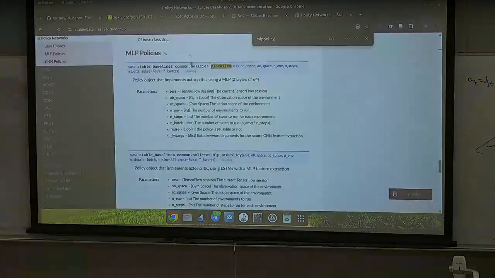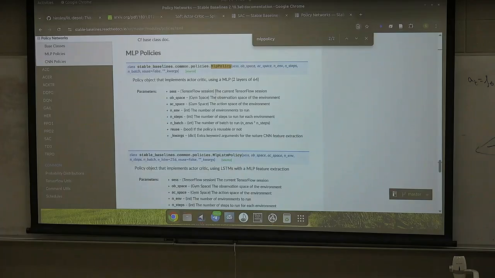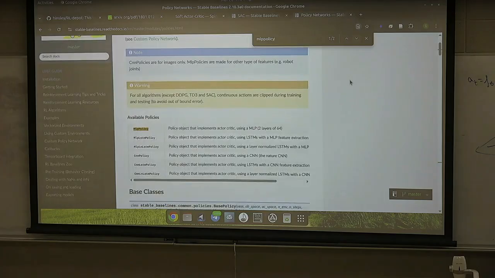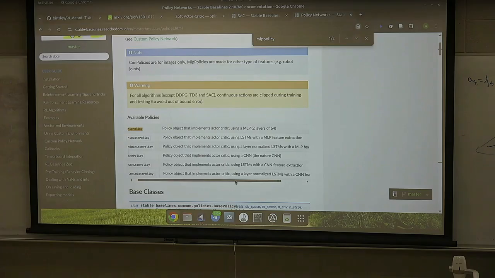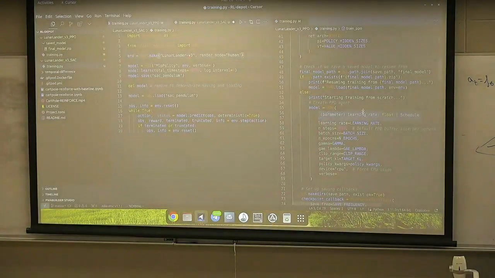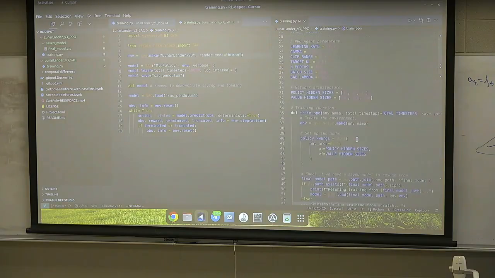Where do I control the size of this thing? NLP policy. Was I using my sizes earlier?